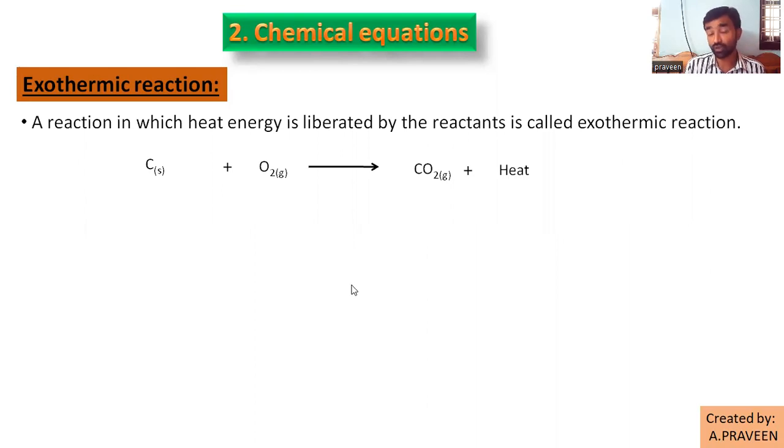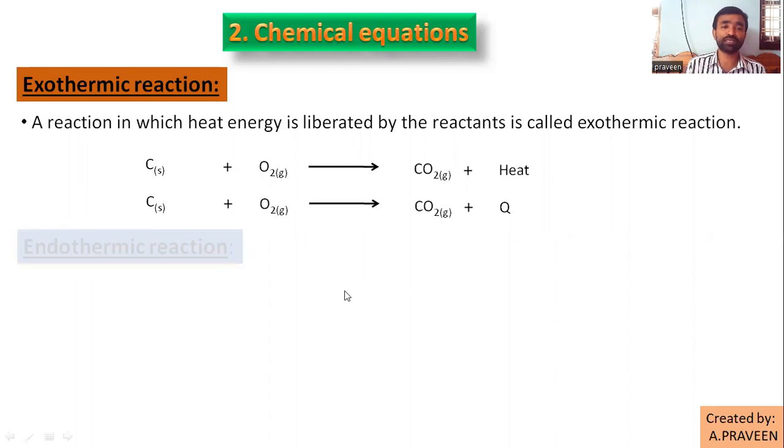Also, that heat change will be written by the Q symbol. Heat is represented by Q. So we can write plus Q towards the product side because it is liberated, added to the products as a byproduct.